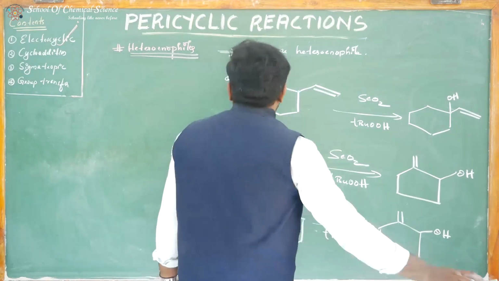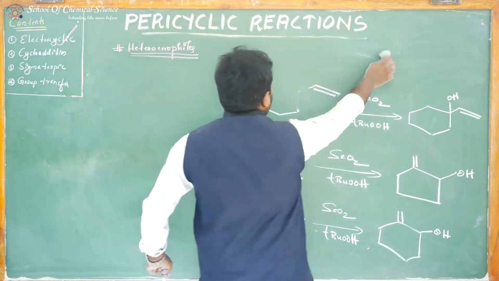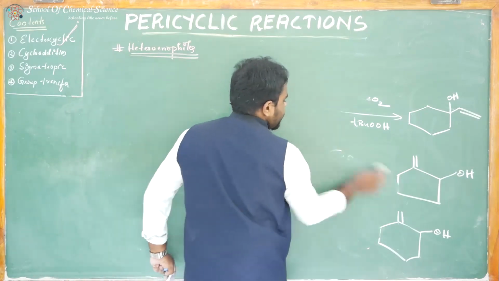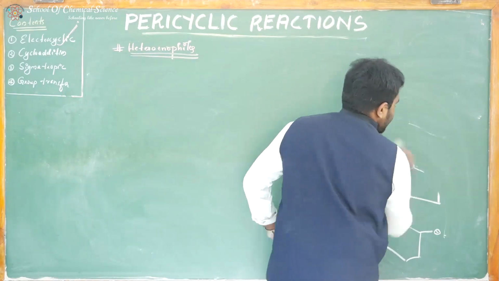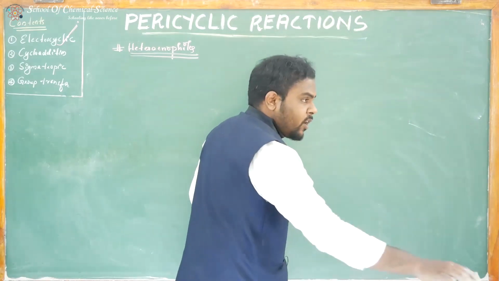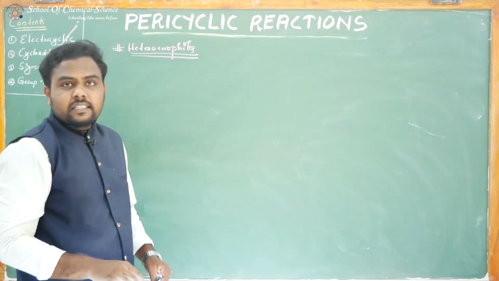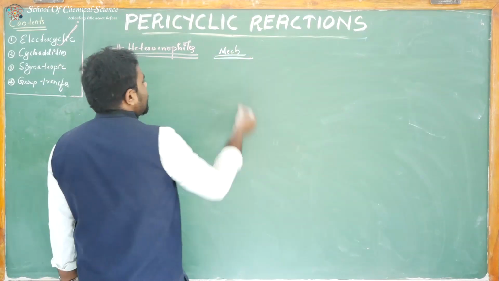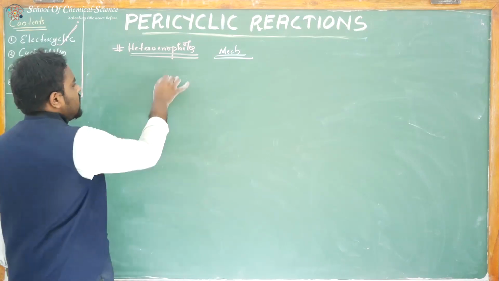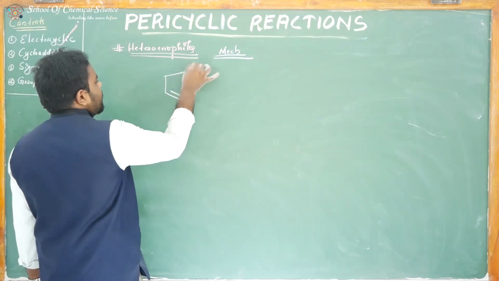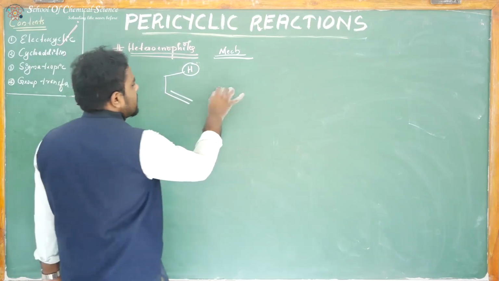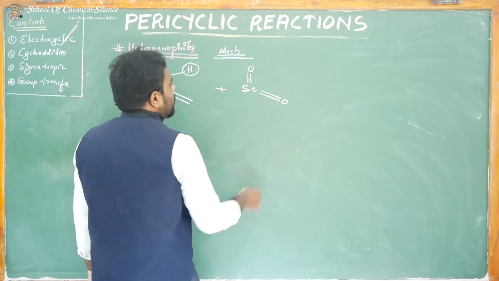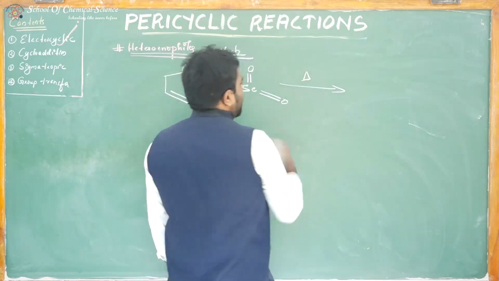So the mechanism of the reaction. More applications of selenium dioxide we will discuss in the reagent section. Okay, mechanism, please listen. It's an allylic system plus selenium dioxide, Se double bond O. Condition thermal.